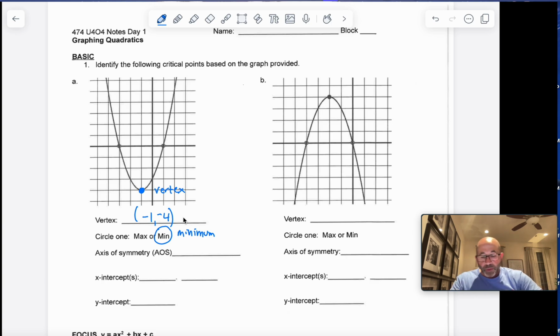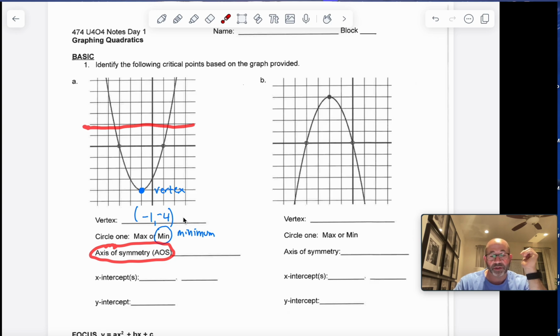All right. The next thing we're going to talk about is this part of our graph, which is called the axis of symmetry. Now, the axis of symmetry is this imaginary line that we could imagine on our picture, where if I was to draw it, everything to the left, everything to the right, it would be symmetrical. So if I drew a line down the middle of my graph right here, this is not going to work.